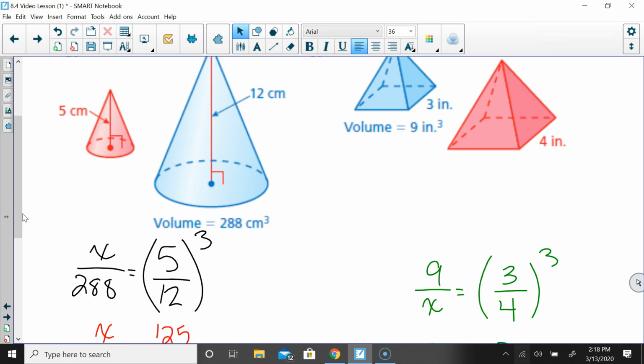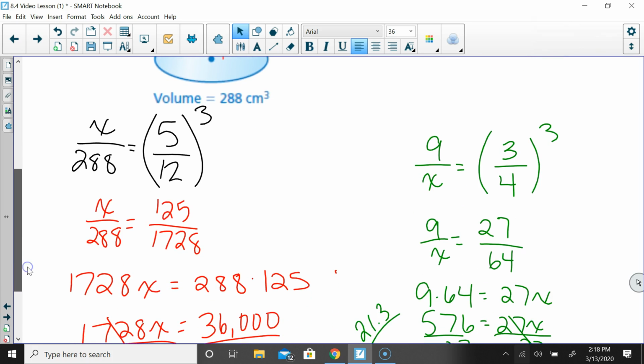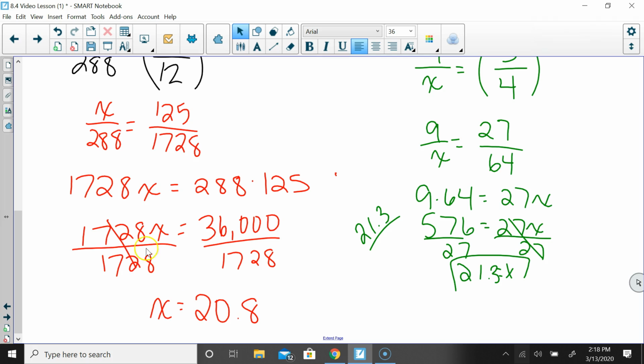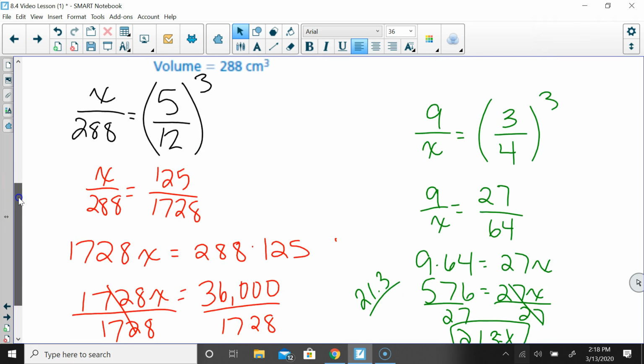So 5 cubed is 125, and 12 cubed is a large number, so make sure you use a calculator to not waste time. And then you do the butterfly method, divide, and you get 20.8. I forgot to put the units, but they are centimeters.